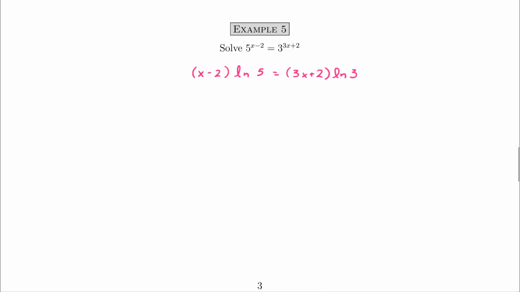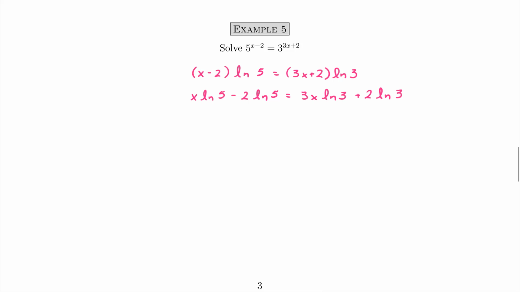And I want to distribute what's in the parentheses to each one of the logarithmic terms. So what I have is x natural log of 5 minus 2 natural log of 5 equals 3x natural log of 3 plus 2 natural log of 3.